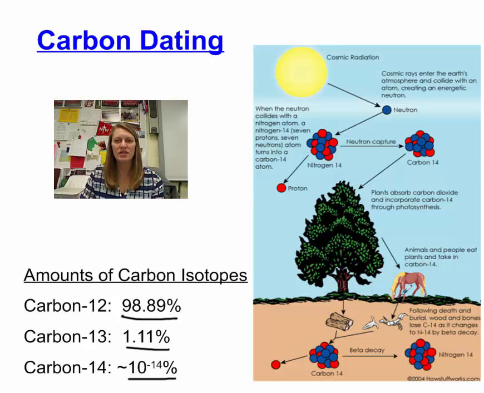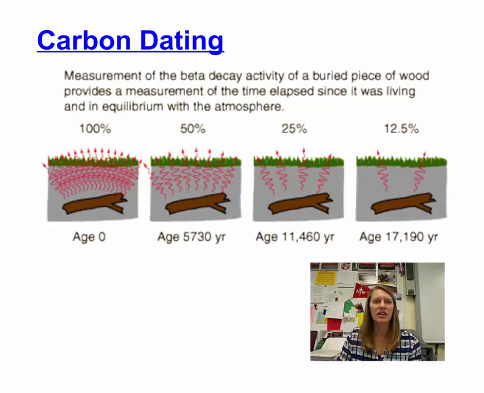Now, carbon-14 has a large half-life. Carbon-14 has a half-life of 5,730 years. So carbon dating is using this carbon-14 isotope and trying to age different things that are found.